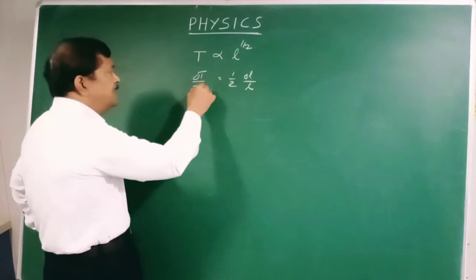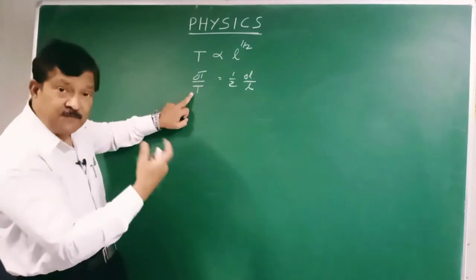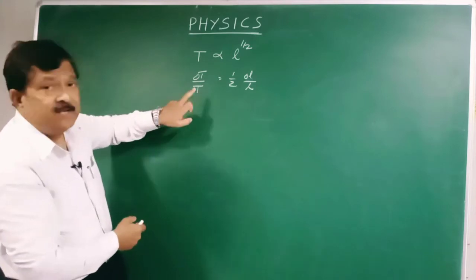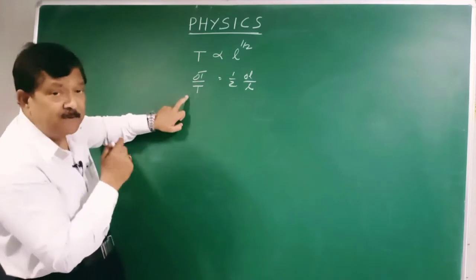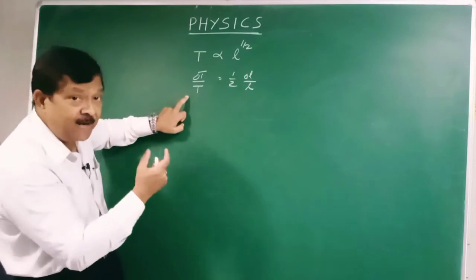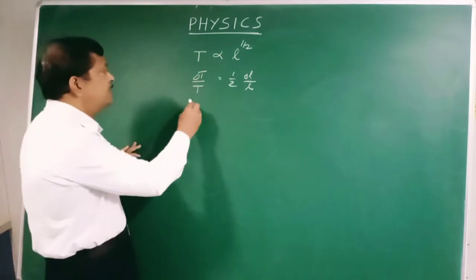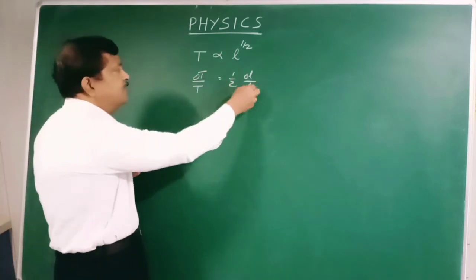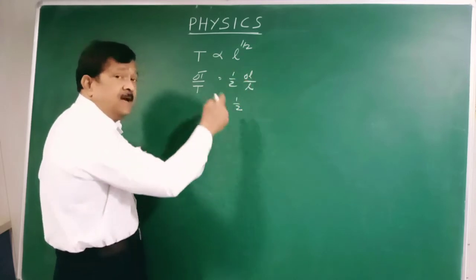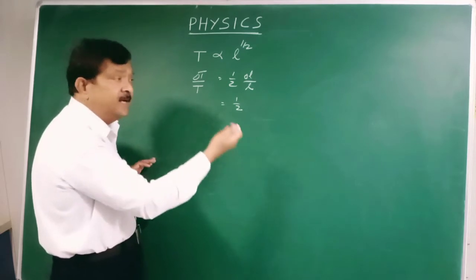And what is delta T by T? You are measuring a time, whether it is 1 minute or 1 hour or 1 day; any time we are measuring is T. And in this time T, the change or error because of the change in temperature is delta T. So delta T by T is half delta L by L. Delta L is the increase in the length of the pendulum corresponding to a change in temperature.